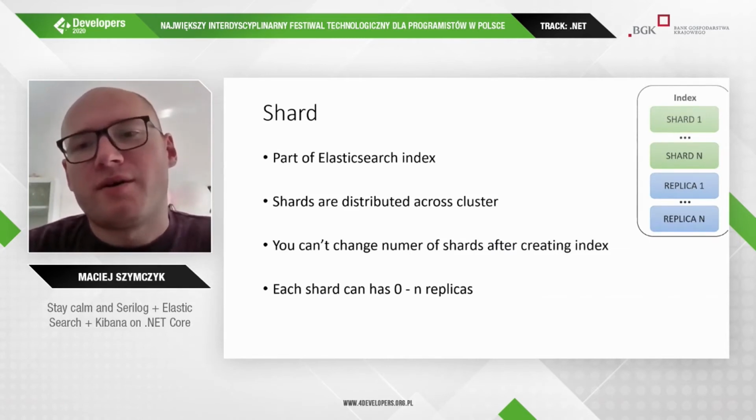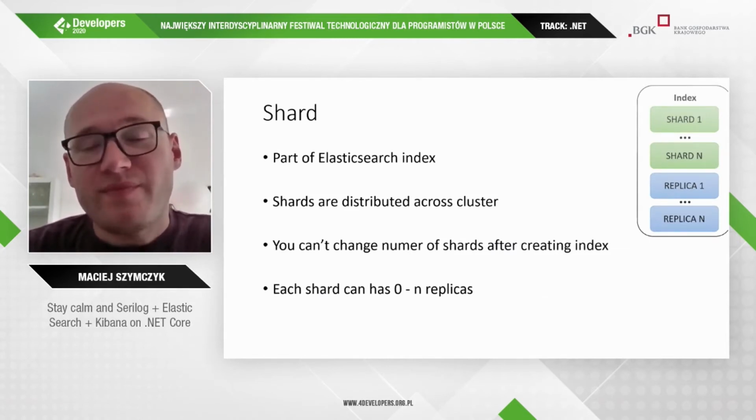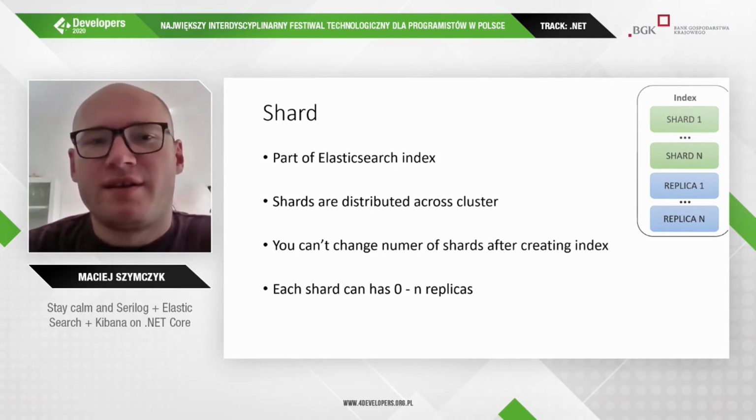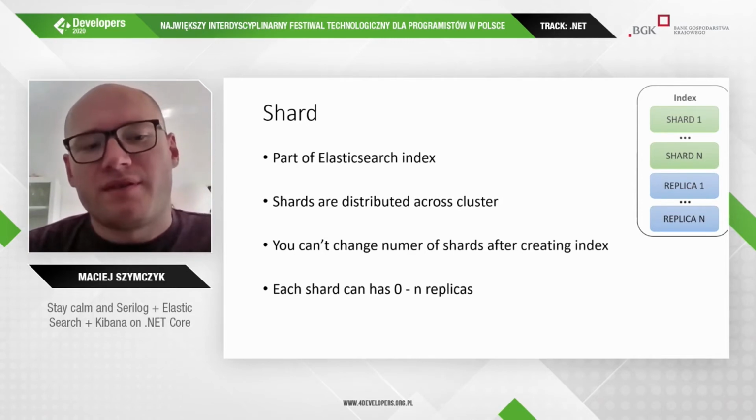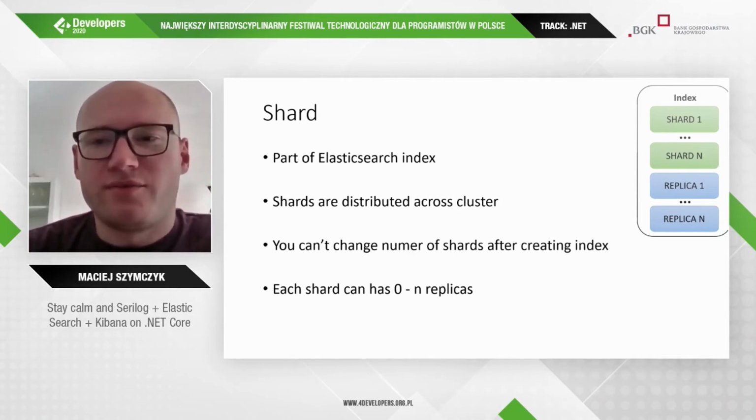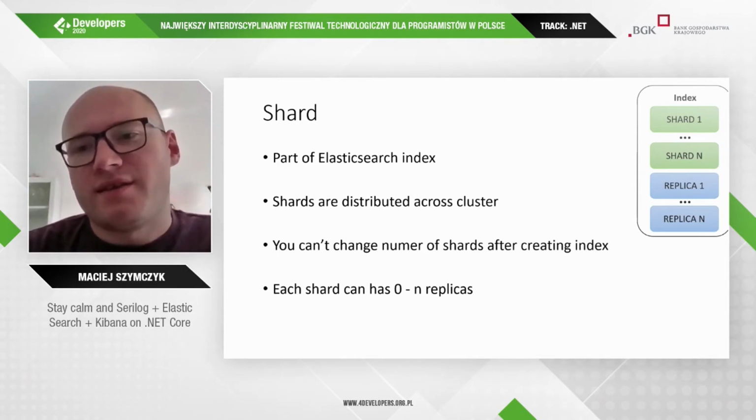So talking about scalability in Elasticsearch and indexes, as you may remember, an index is like a table in a relational database. The reason why we can scale this solution is that indexes are made of shards.